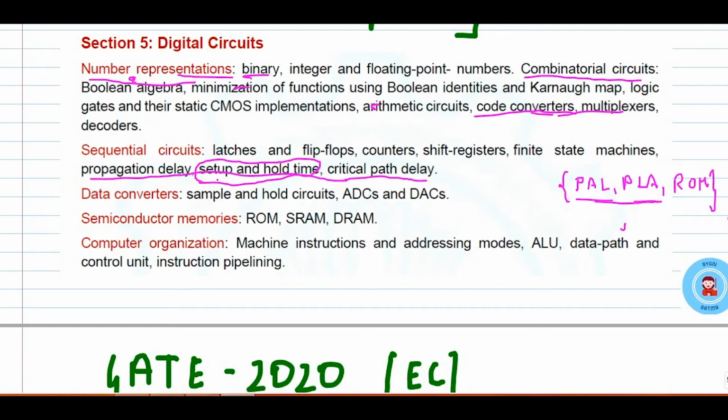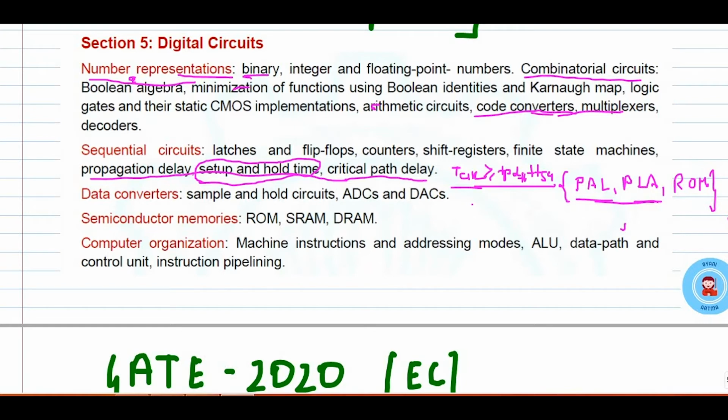This is the basis on which the frequency of the clock signal of that sequential circuit depends. You know this formula: T clock should be greater than T PDFF plus T setup. It is a very important formula, and people have asked questions on it.